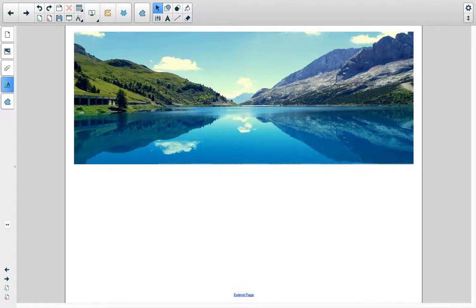But the picture itself is so appealing because it gives the illusion of symmetry, right? It seems like this half is the same as this half, and it seems like the bottom half is the same as the top half. It has two lines of symmetry, one down here because this side looks like this side, and one across here because the reflection in the water is the same as what's happening above the water. So that's two lines of symmetry.